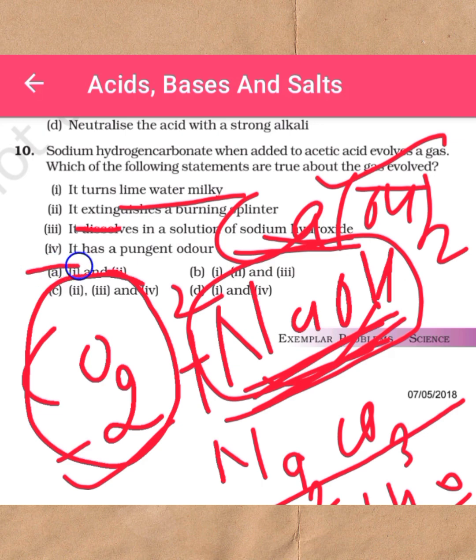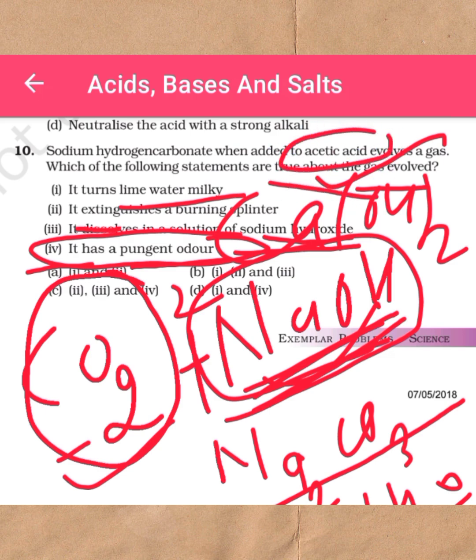Next is it has a pungent odor. Pungent odor, no, it does not have pungent odor because acetic acid is a weak acid and sodium hydrogen carbonate, baking soda, whenever they combine, there is no characteristic smell.